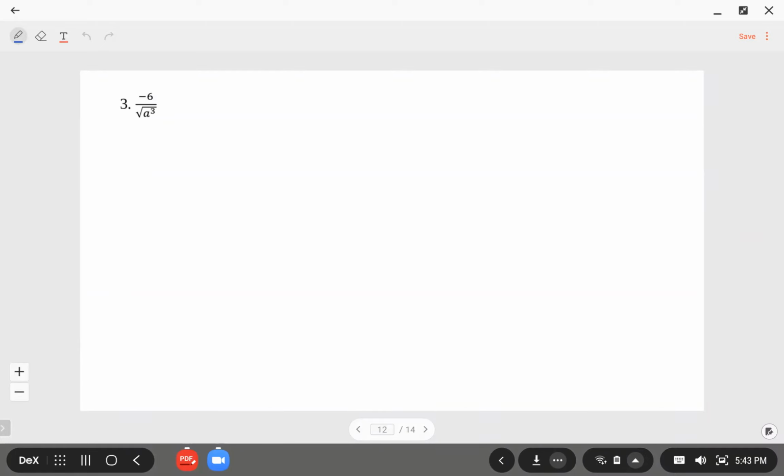Okay, so how do we solve it? First, look at this radical. We need to simplify this radical. Just simplify. Okay, let's simplify. And what's that equal? That equals -6 over A times A square rooted. Okay.